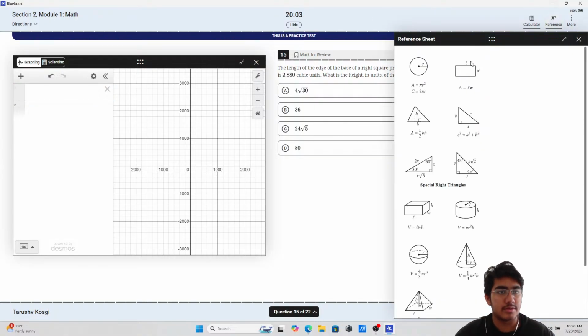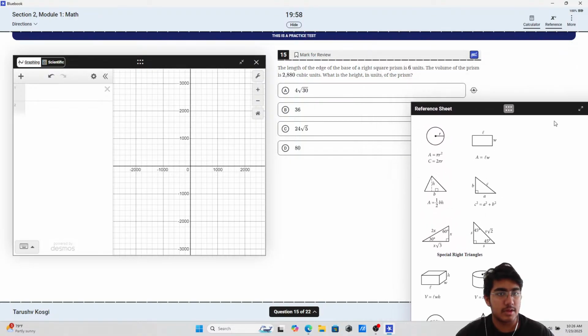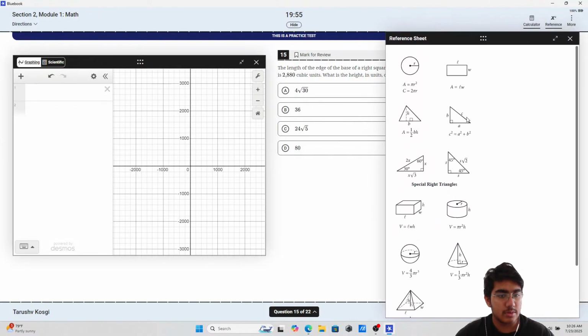So we got to get our reference sheet out here. I could minimize this. So right square prism.